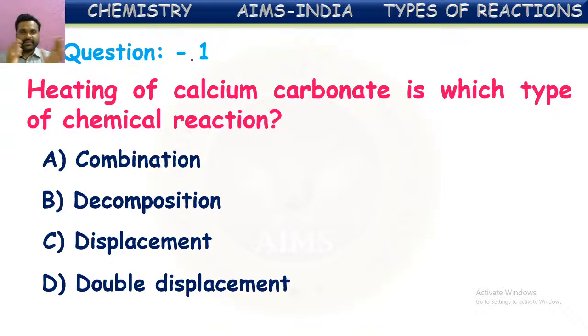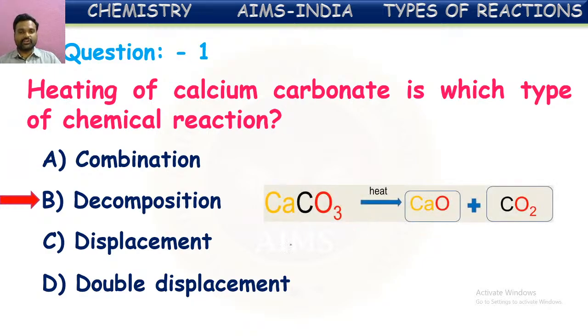So what we can say, a compound splitting into two or more simpler substances. This is the definition for, yes, many of you are giving the correct answer. Yes, correct. Decomposition reaction. It is coming under decomposition reaction.